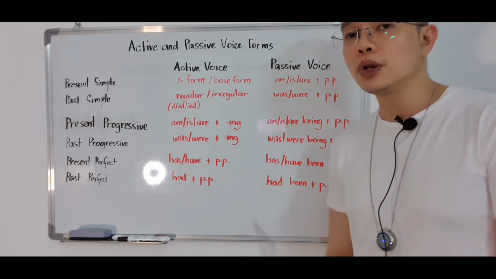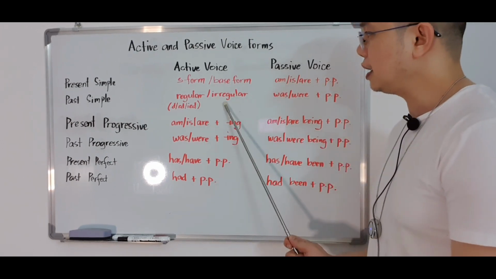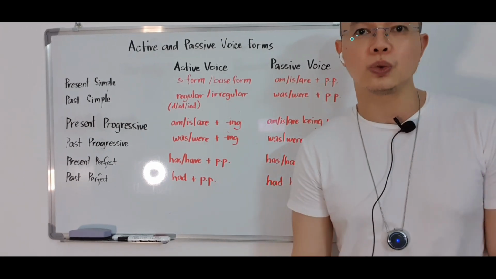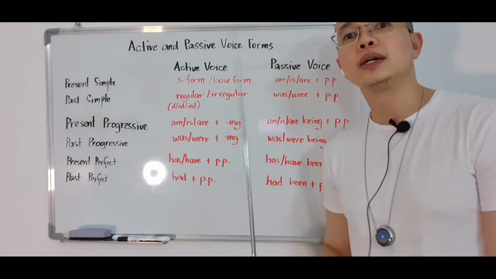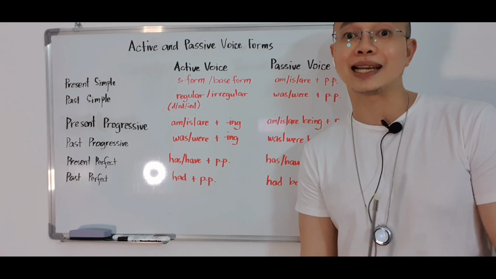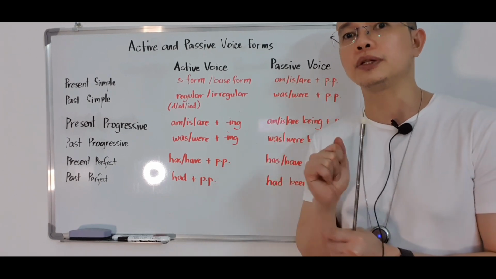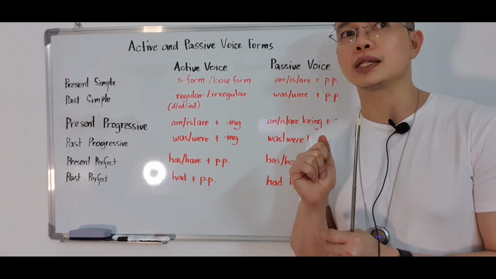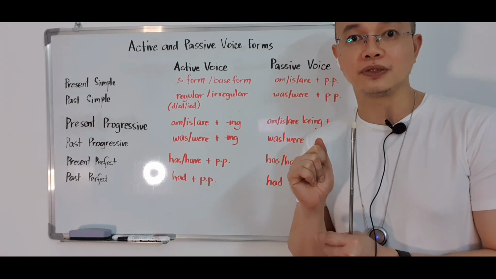So for example, go, then in here, the active voice, you're going to use went. Okay, I have a complete list of the irregular verbs, by the way, if you want. Just comment down below and I'll give you access to the complete list of the verb forms.